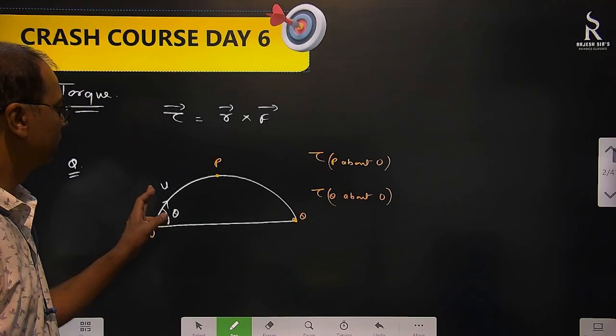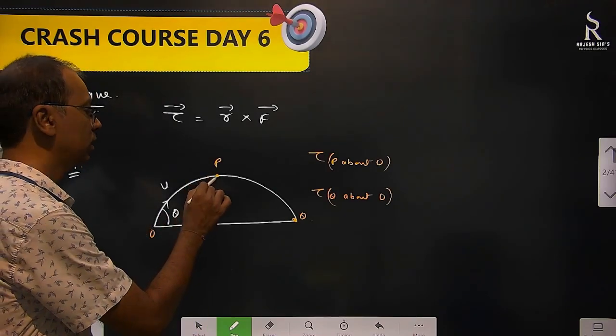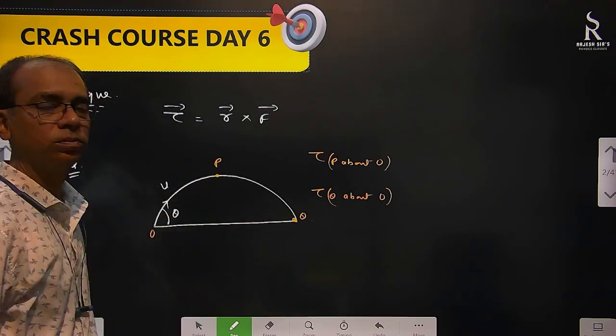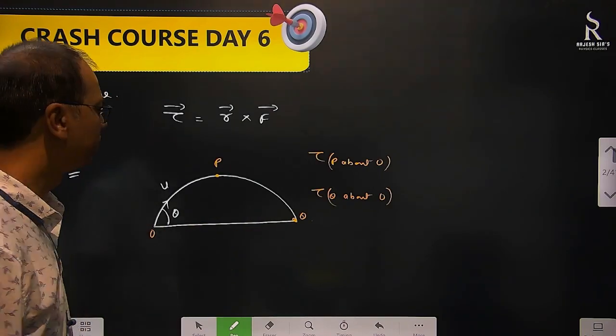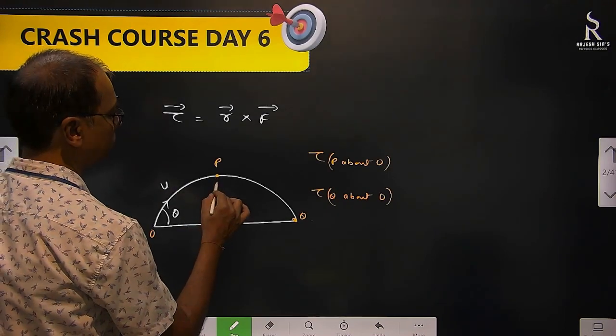This is the projectile, projection speed u, angle of projection theta. When it is at point P, what is the torque of the gravitational force about O? And when it is at Q, what is the torque of the gravitational force about O? Very simple. This is the highest point, and mg is acting downwards.